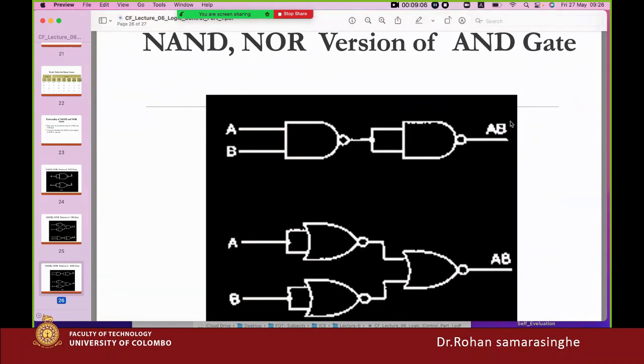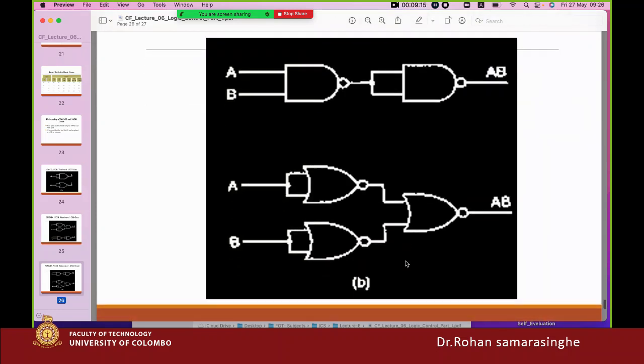To get the output of the AND gate, here it uses two gates. Likewise, we can get the AND output and the OR output values by combining different logic gates.